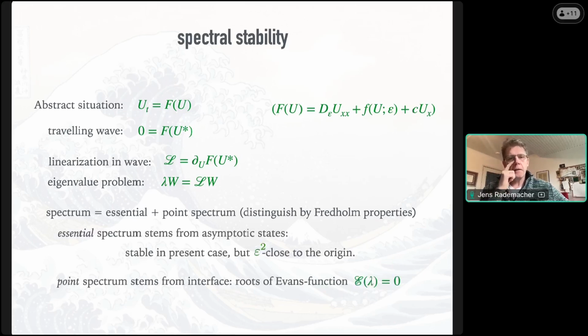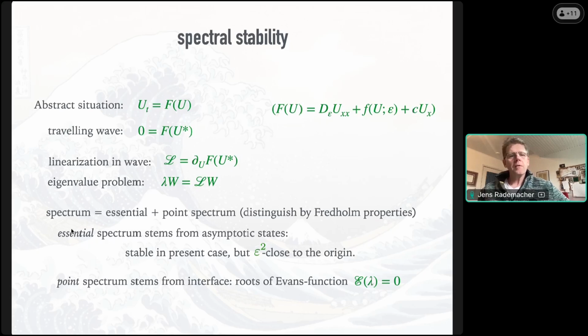And this can actually be nicely understood in terms of the shape of the front or of the traveling waves, in particular for the fronts, because the essential spectrum is entirely resulting from the asymptotic states, if they are present, like in the fronts. On the left, we have the +1 and the -1 from the Allen-Cahn, and then there's a perturbation.